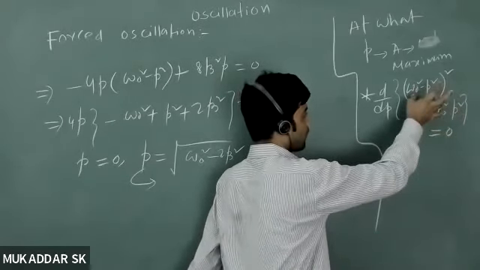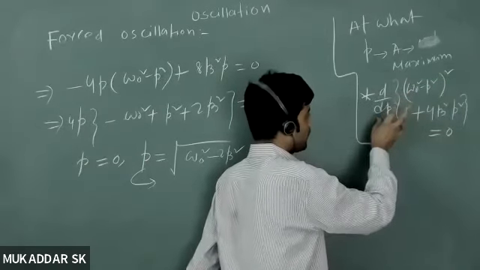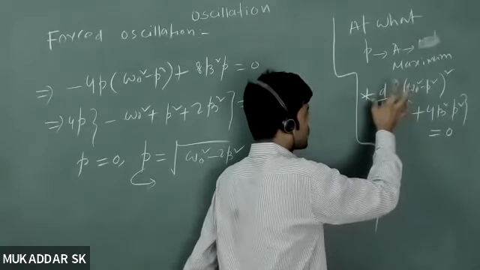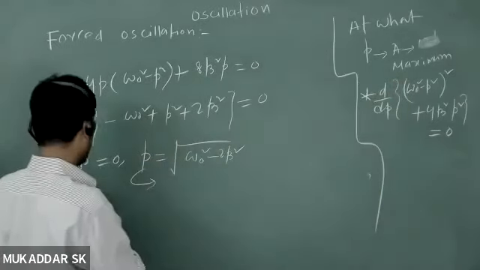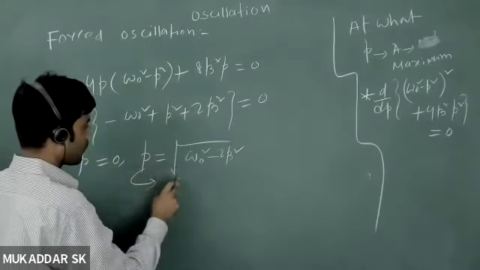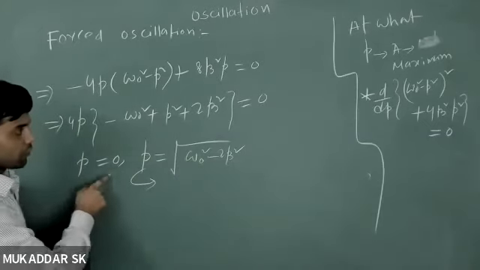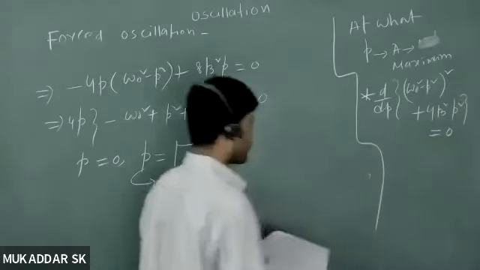Just differentiate this function again with respect to p, that is double differentiation. After double differentiation, you substitute p equals 0 and p equals root of omega naught square minus 2 beta square. When you substitute p equals 0, you will get a negative value. What does it mean?